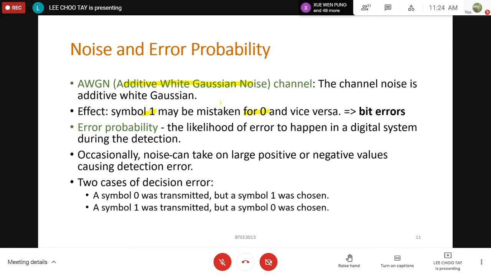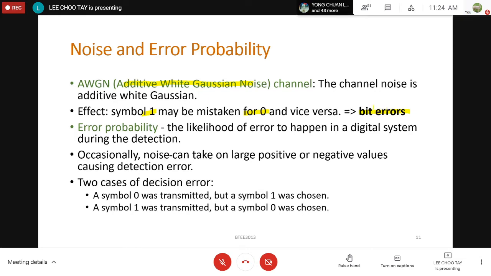Vice versa means I send a 0, but at the receiver it is mistaken as a 1. We call this a bit error. I send a 1, but the receiver received a 0, so that means this bit is now erroneous.